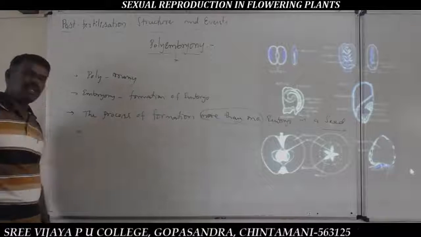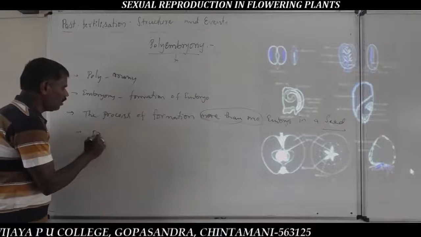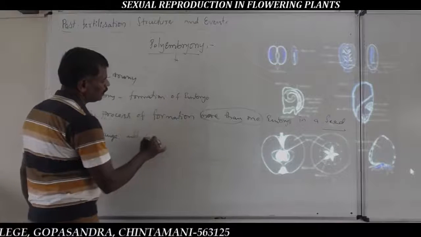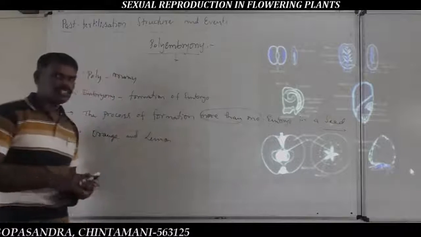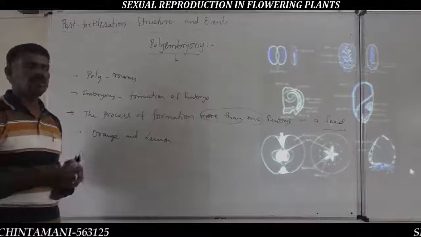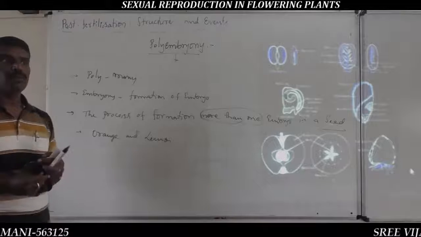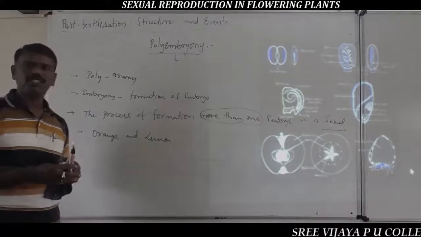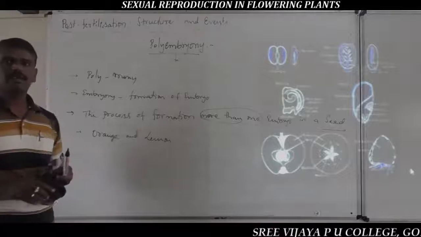This polyembryony is common in orange and lemon seeds. If you squeeze a lemon seed or orange seed, there is presence of more than one embryo, but most of those embryos are sterile except one or two. In most cases, only one embryo is completely matured.